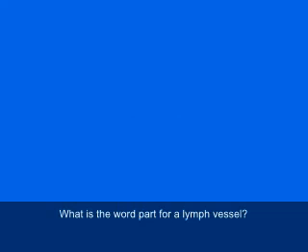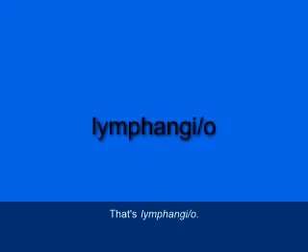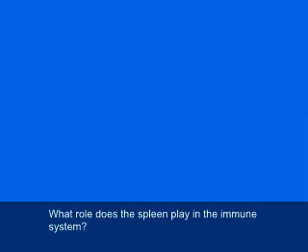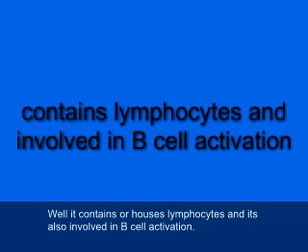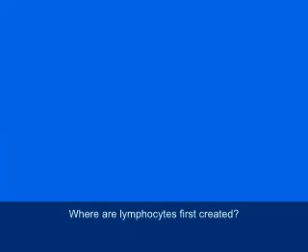What is the word part for a lymph vessel? That's lymphangio. What role does the spleen play in the immune system? Well, it contains or houses lymphocytes, and it also is involved in B cell activation. Where are lymphocytes first created?